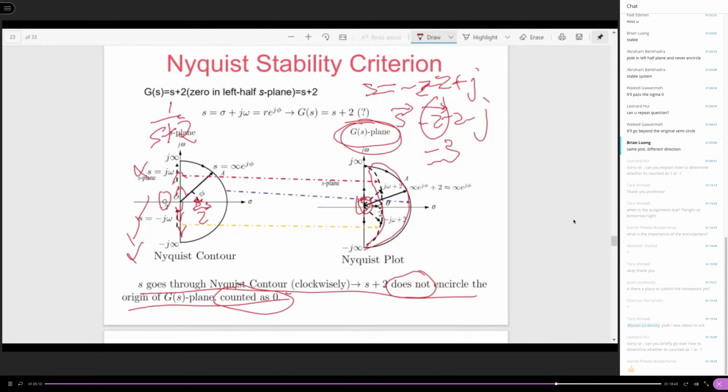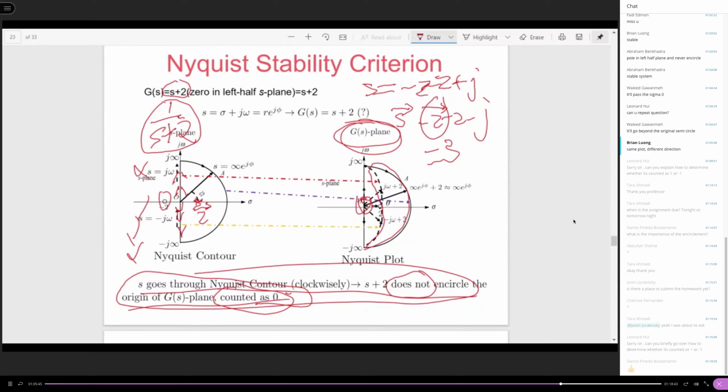So this is the right half plane zeros, and now I'm going to evaluate the left half plane poles. Same plot, different direction. I just wanted the keywords.